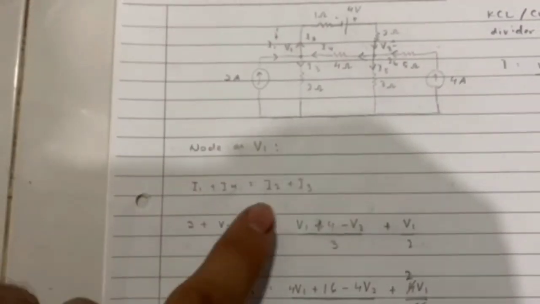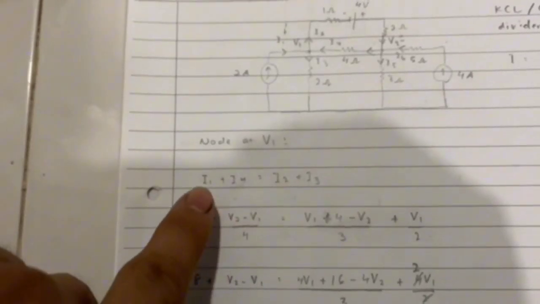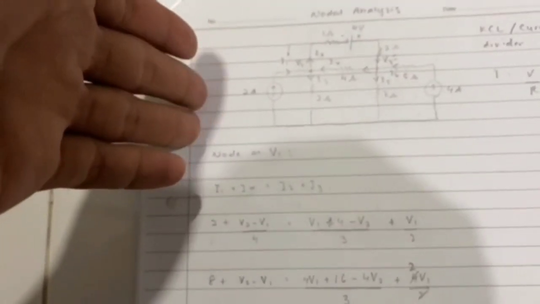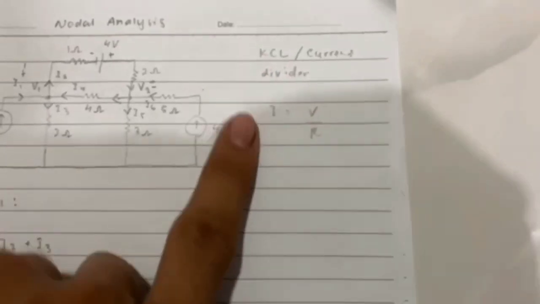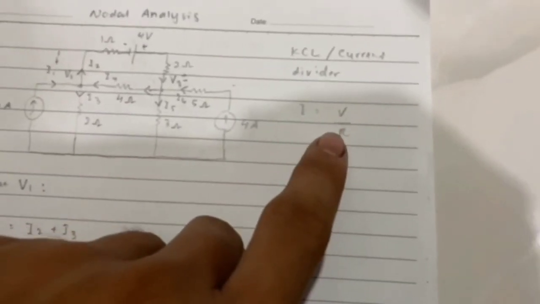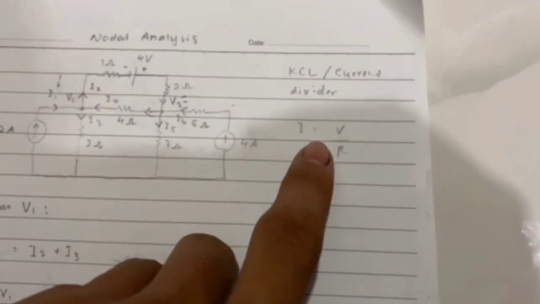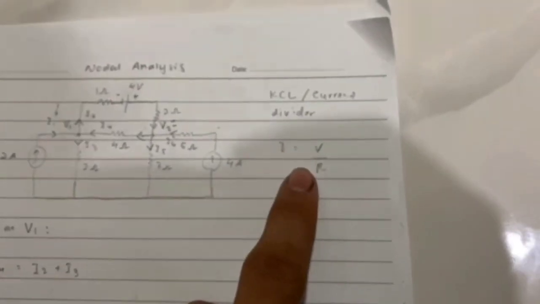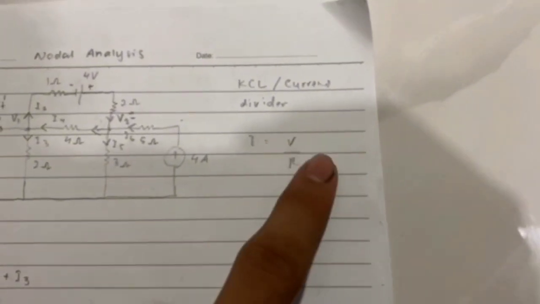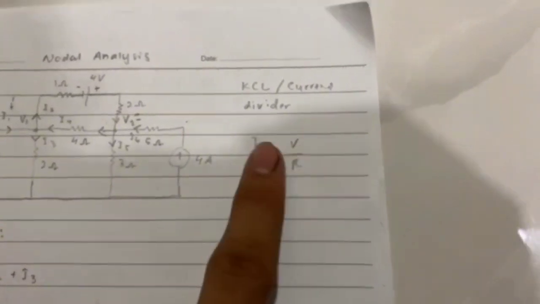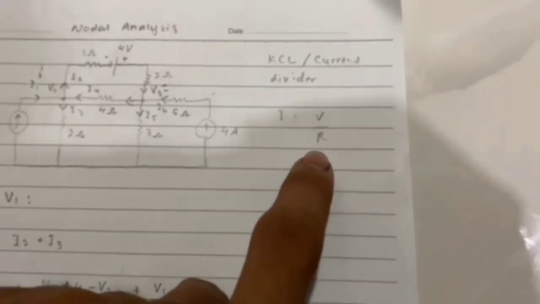So we can solve. The first equation uses current in equals current out. KCL refers back to the voltage formula, where I equals V over R. So in KCL, we subtract V higher minus V lower and divide by the resistance.